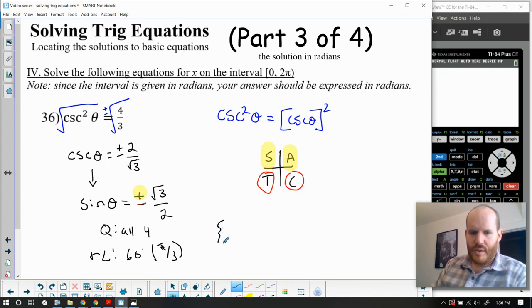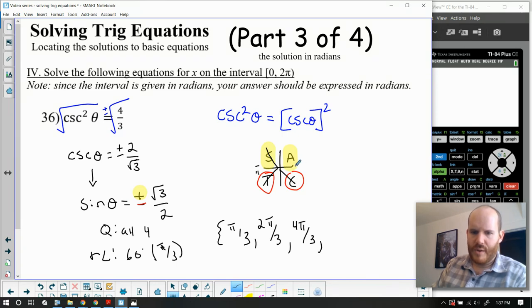In the first quadrant, I get pi over 3. In the second quadrant, it's going to be pi over 3 short of pi, or one third short of pi, which gives me 2 pi over 3. In the third quadrant it will be one third past pi, so it's 1 and 1/3, or 4/3, which gives me 4 pi over 3.